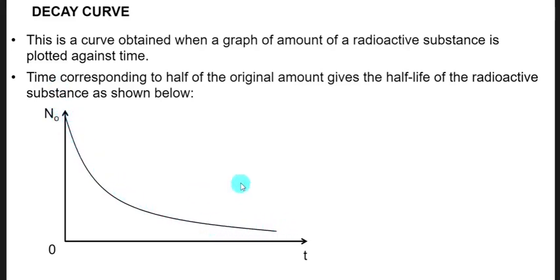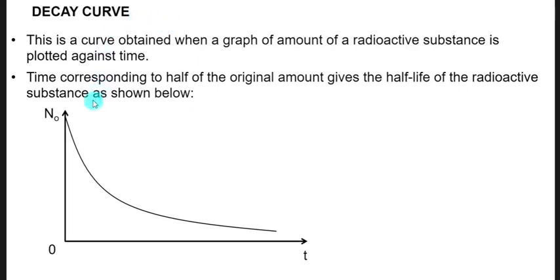The other way of defining a decay curve is a curve which shows how the amount of a radioactive sample decreases with time.